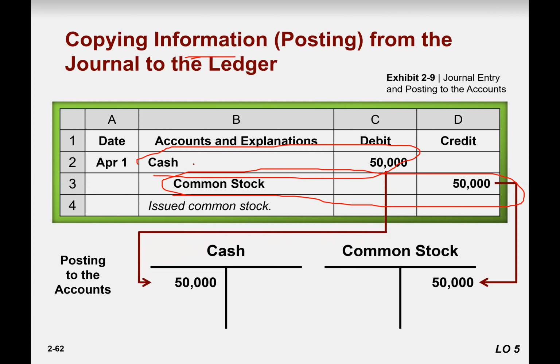And how we pronounce it: cash to common stock. And when we transfer from journal to this T account or ledger, we call this posting. So we post it into their respective T accounts or ledgers according to their nature. Cash is debited, so we write it on the debit side. Common stock is credited, so we write it on the credit side. This is not rocket science, it's just fairly common sense.